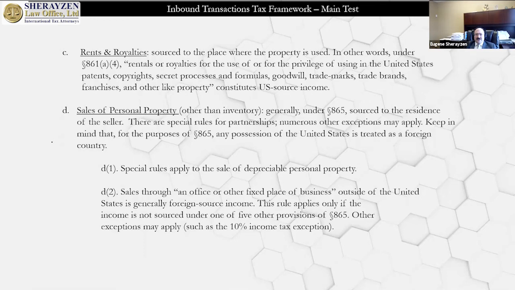And the general rule here is that inventory sales are sourced to the place of sale. Very important, sourced to the place of sale. What is a place of sale? Generally speaking, it's the place where the title is passed, but it gets a lot more complex. There are some exceptions that I've given you. So for tax planning purposes, this is a huge issue when it comes to inbound transactions.